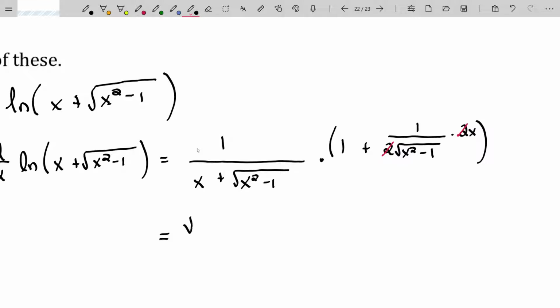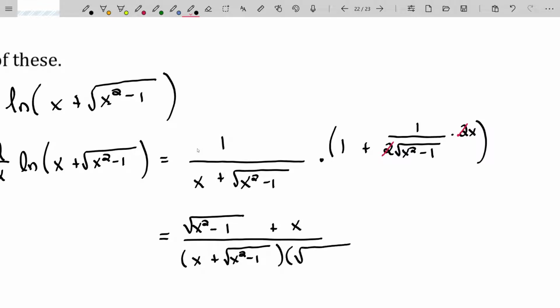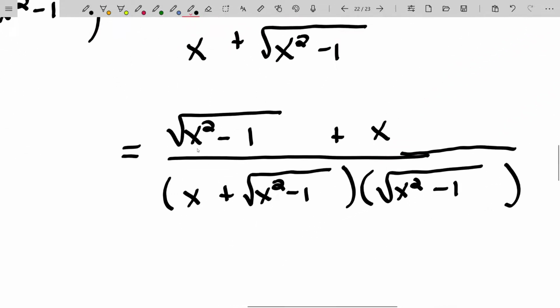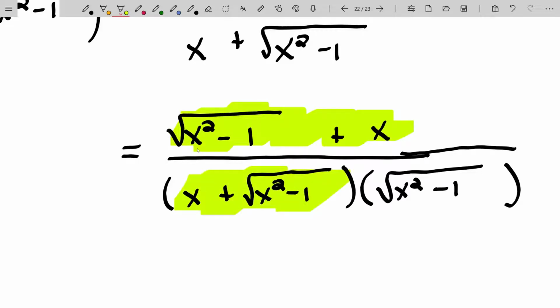If you do that, you get the square root of x squared minus 1 plus x over x plus the square root of x squared minus 1 times the square root of x squared minus 1. Again, all I did was multiply numerator and denominator of this expression by the square root of x squared minus 1. I didn't bother distributing in the denominator because if you look, these expressions right here are the same, so they'll cancel beautifully.